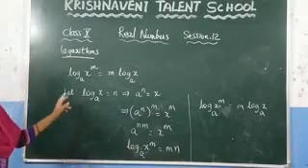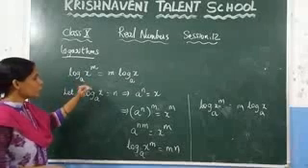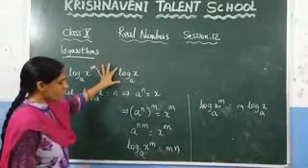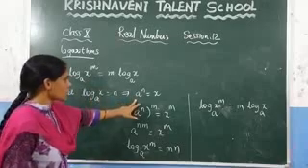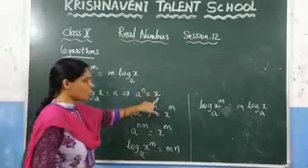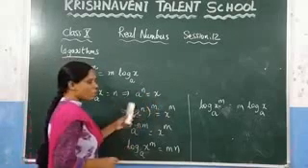What it states here: log x power m to the base a is nothing but m log x to the base a. What we have done here, we took this value as n, so we converted this logarithm form into the exponential form. What you get, a power n is equal to x, and after that we took the power m on both sides.